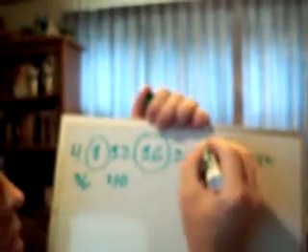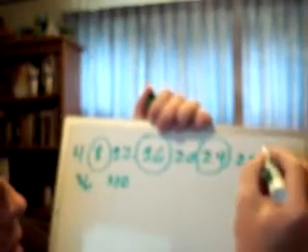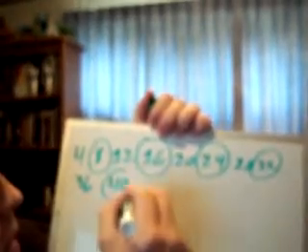Since we've got the 4s, and you write all the 4s out, well, you can do the same thing. 8, 16, 24, 32, and 40.